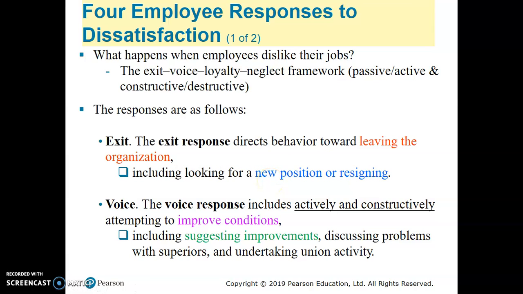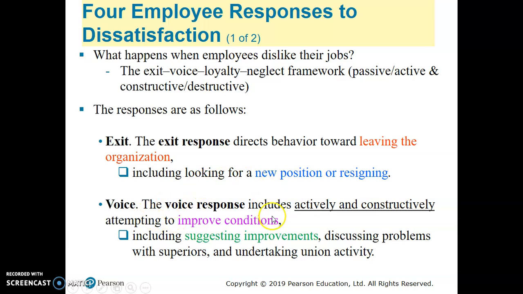But normally, if the employees are dissatisfied with the job because of their own personality, in any organization, even though they got a high salary and high position, they will still feel dissatisfied. Next, another way to respond to dissatisfaction is through voice.